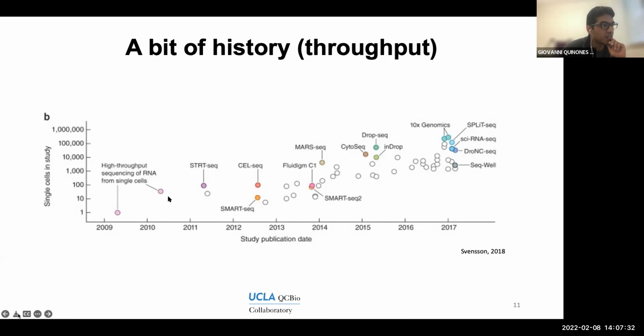Later on, with Fluidigm and then Mars-seq, these methods were already using more advanced technologies to isolate the single cells, which I'll also mention later. But I think it's important to get a picture that starting from roughly 2013, 2014, people started using microfluidic technology to automate the isolation of cells, and thus being able to sequence much larger numbers.